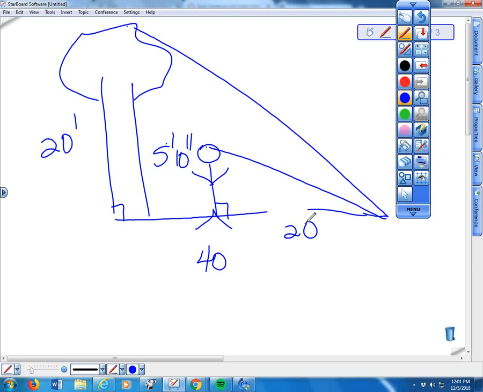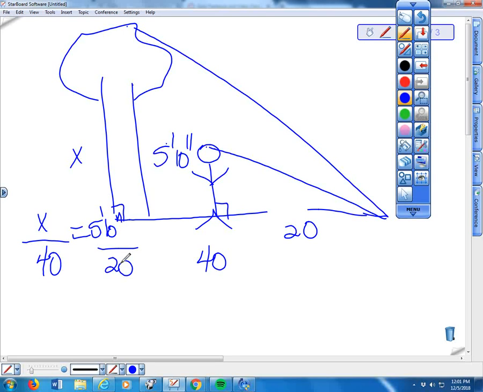if I were to do a proportion then, I would say 20, the height of the tree is to, that's what I'm looking for, so let's make that x. X is to the shadow length as the height of the person is to his shadow, but everything is in feet except for this. This is in 5 feet 10 inches.